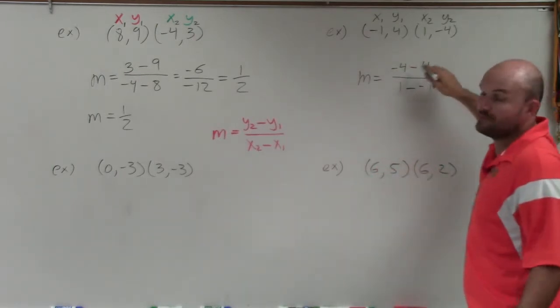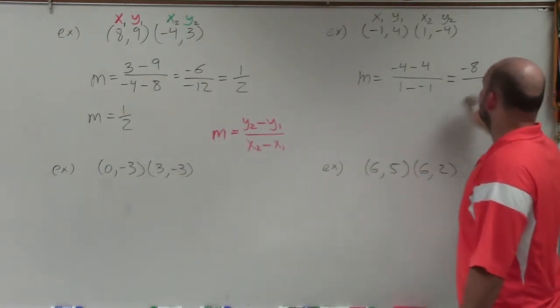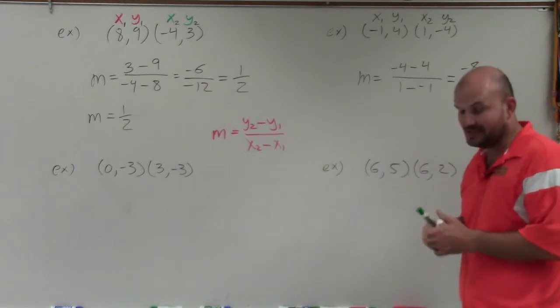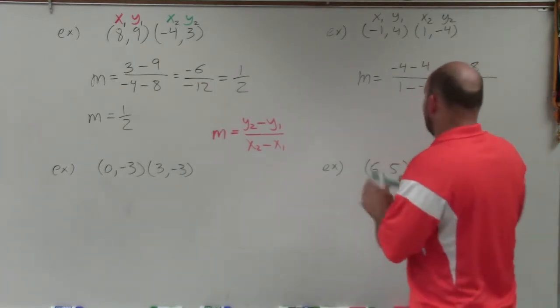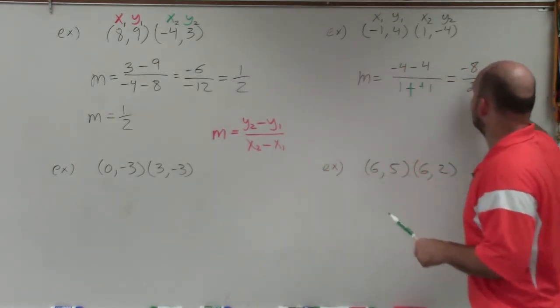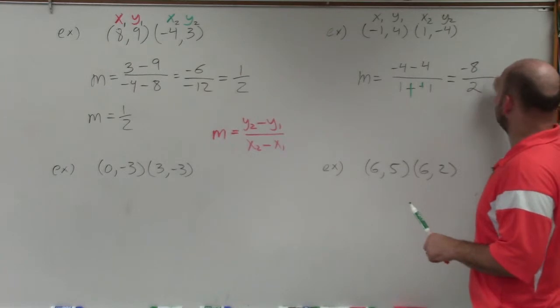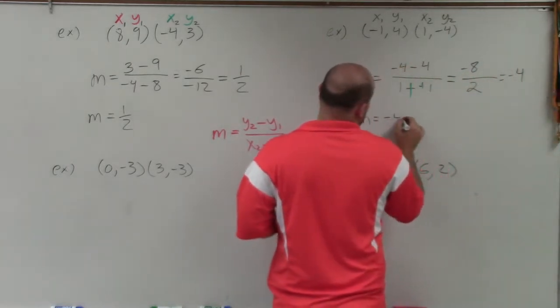So we have -4 minus 4. If you owe me $4 and you borrow $4 more, you have -8. Divided by 1 minus a negative. Remember, a double negative, 1 minus -1, means we're going to add them, which is equal to 2. -8 divided by 2 is -4. So we could say m equals -4.